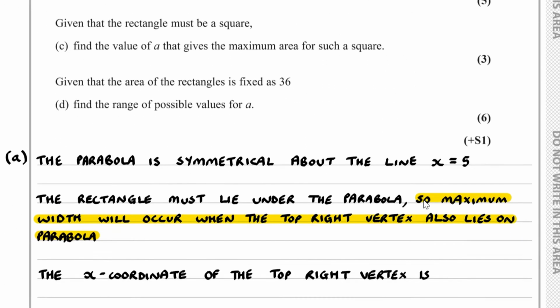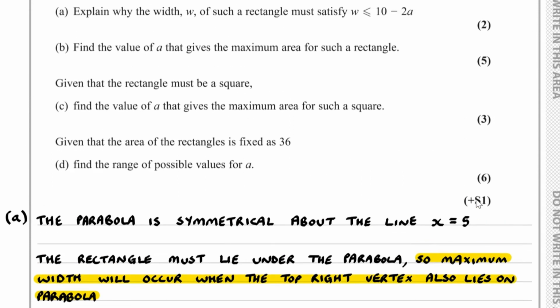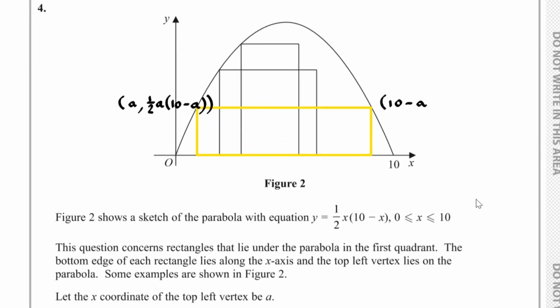So the x-coordinate of the top right vertex will be 10 minus a. And the y-coordinate will be a half a times by 10 minus a. It lies on this line.